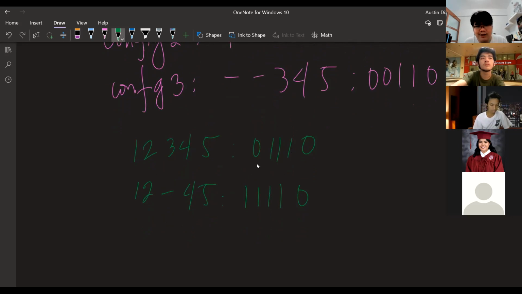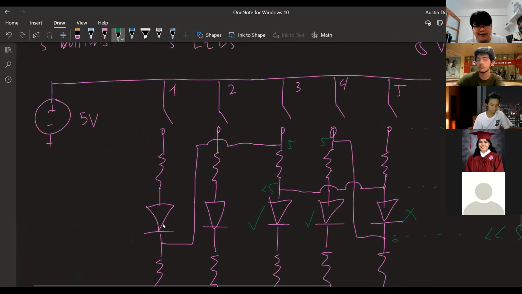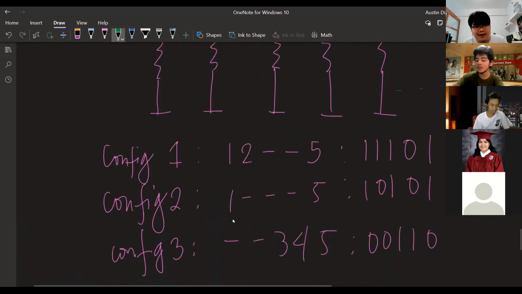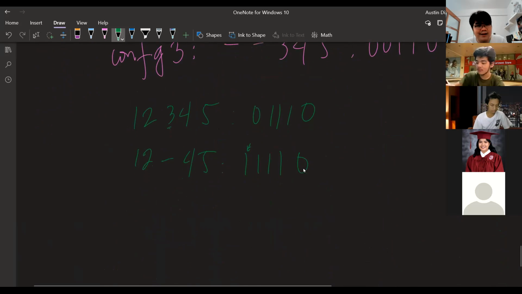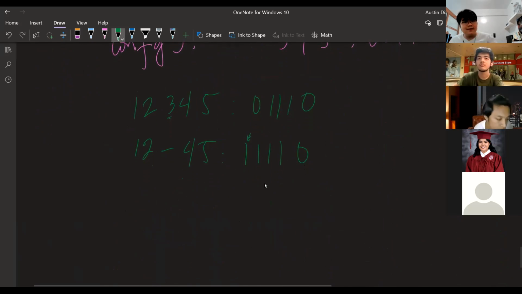So, mapapansin mo that the absence of 3 opens up 1. Okay, so, may isang connection ka agad na magagawa for certain. That's an easy grade siya, easy grade. Okay, now you need to find out kung sino pumapatay ng last resistor.